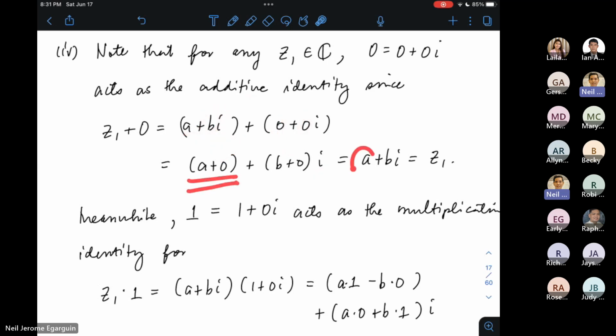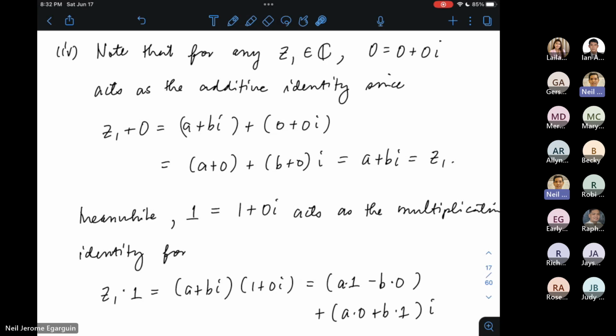A plus 0 is simply a, right? Kasi si 0, siya yung 0 ng real numbers. b plus 0 is still b. So b lang ito, so b times i. And who is a plus bi? That is exactly Z1. So Z1 plus 0 is equal to Z1. Then, indeed, 0 plus 0i is the additive identity. Okay? Good?